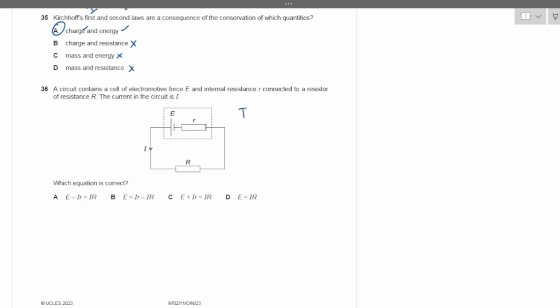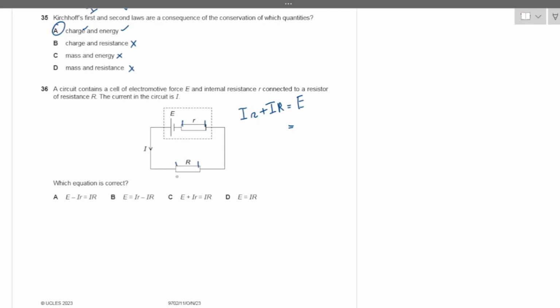So what can we say about them? We can say that the PD across R, IR, plus the PD across the other resistor will equal E. Why? Because this E is the EMF, and some of the PD is distributed to each resistor, just like a simple series circuit. And now you can rearrange it.